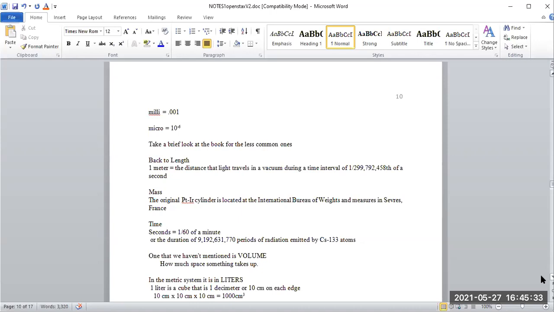Recently, they changed this designation to a calculation based upon the gravitational constant on the surface of Earth as a way to calculate 1 kilogram. So I need to find a reference and insert that at some point. Not that it's of super amazing importance, but it does tell you where they got this information.